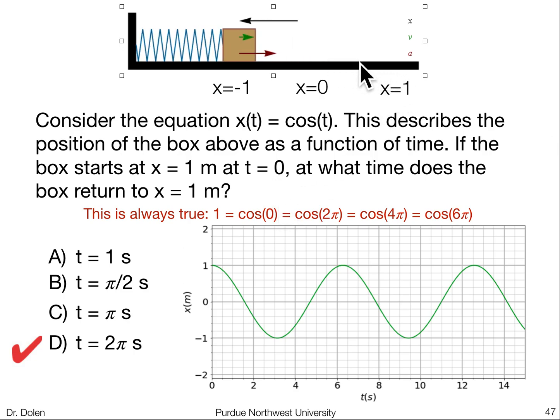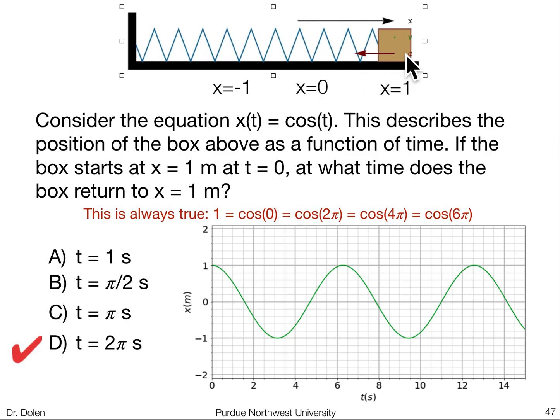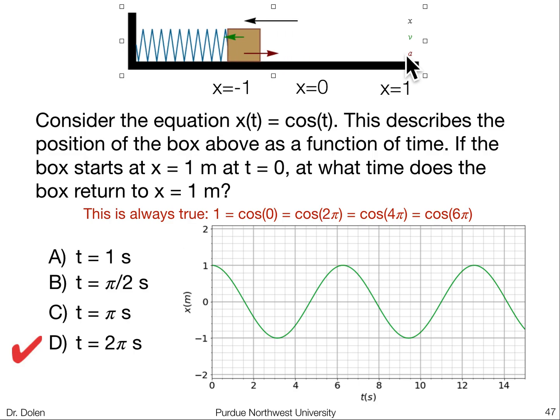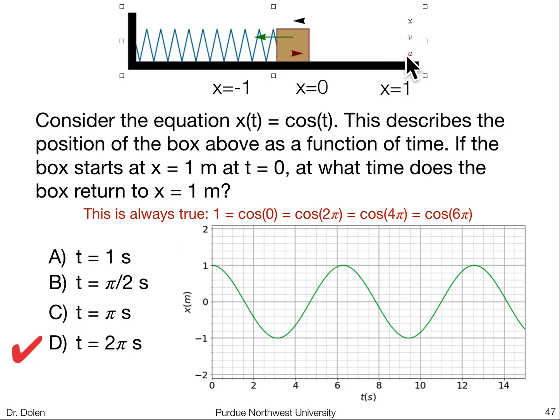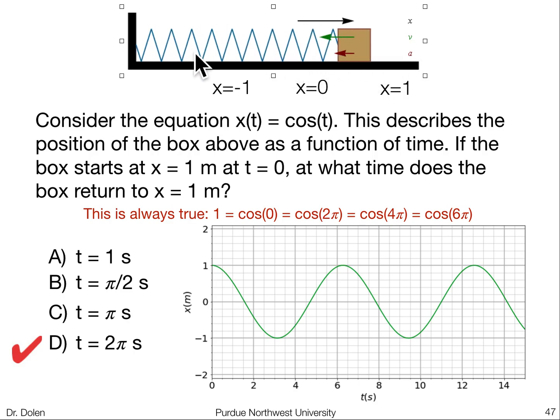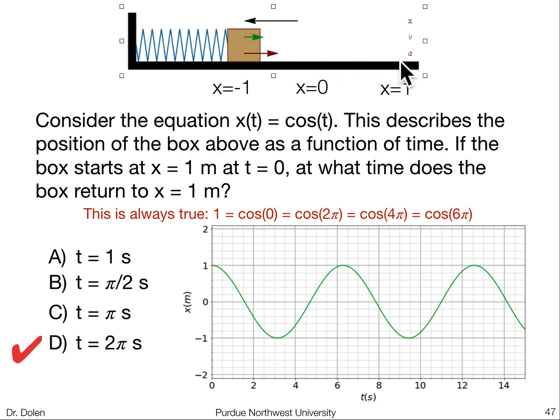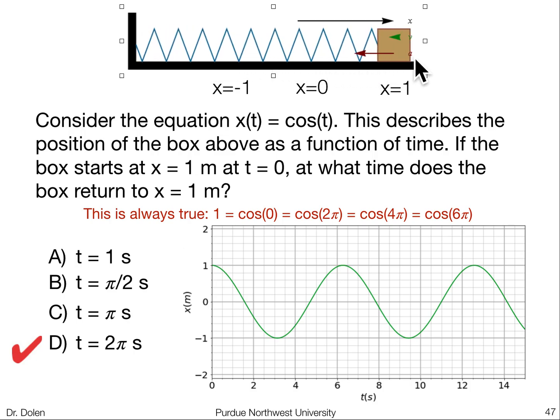But I also know that cosine of 2 pi is equal to 1. I also know that cosine of 4 pi is equal to 1, and cosine of 6 pi is equal to 1. So it appears that every 2 pi seconds, this box is going to return back to its original position. So the period in this case is just equal to 2 pi.